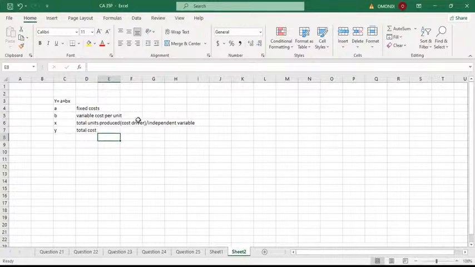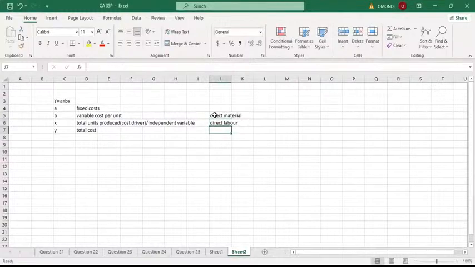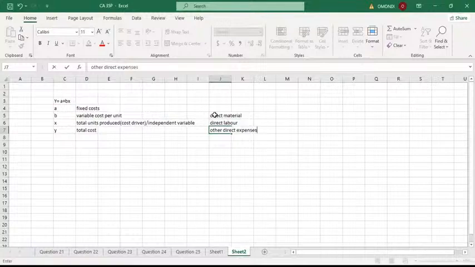And examples of these variable costs, we said, include cost of direct material, direct labor, and any other direct expenses.